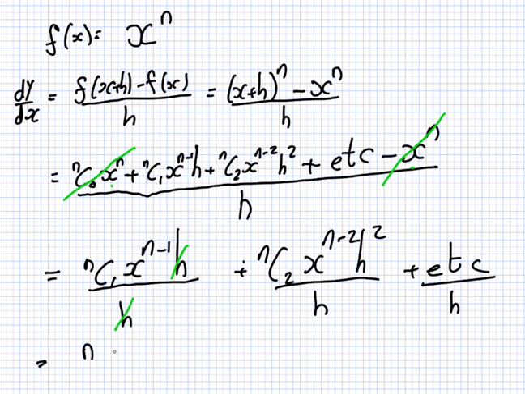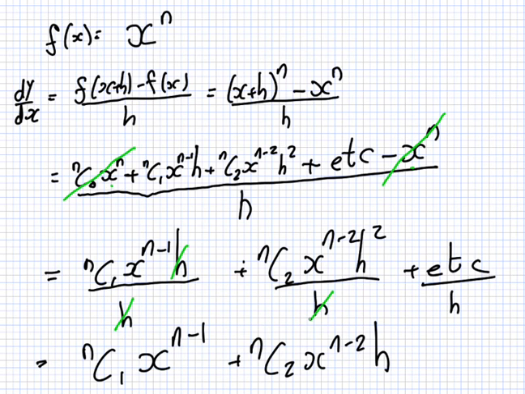So we have nC1 x^(n-1) plus nC2 x^(n-2) h, because this cancels with the square. And we'll have more pieces here, so I'll just write etc. And just so you know, the next term here will actually have an h cubed in it, because we go h squared, h cubed. So when you cancel it, you're left with an h squared. In other words, these pieces at the end, which I didn't bother to write, they'll have h in them as well, just like this piece here.